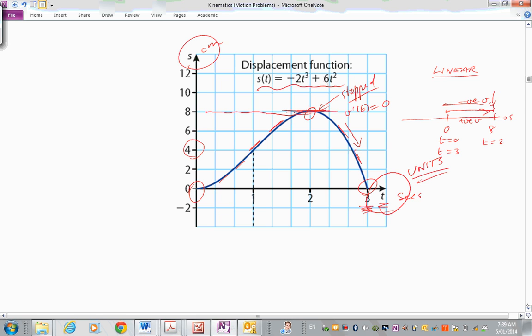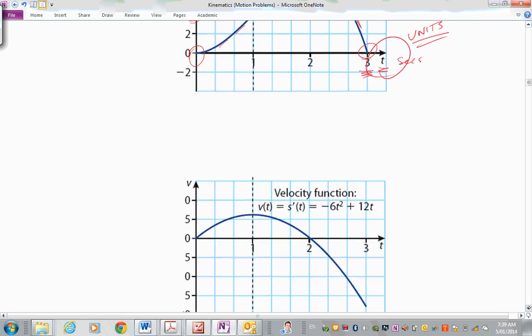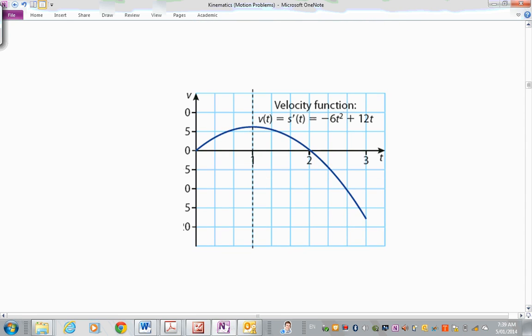Okay, let's have a look at plotting the velocity graph and see what it looks like. Well, what's the velocity function? It's the derivative. And if we plot that function, it's negative 6t squared plus 12t, which says it starts off with a positive velocity and increases, then gradually slows down, and the velocity is 0 at time 2, which is what we said.